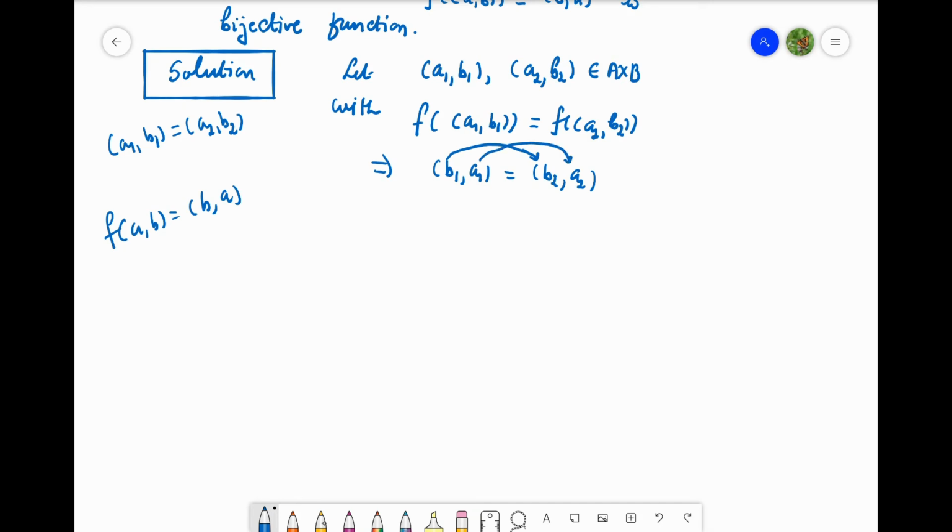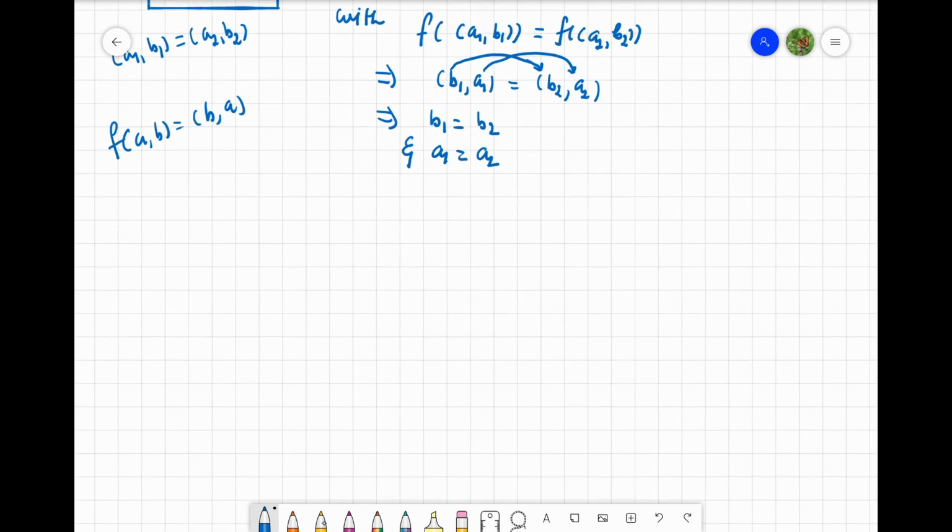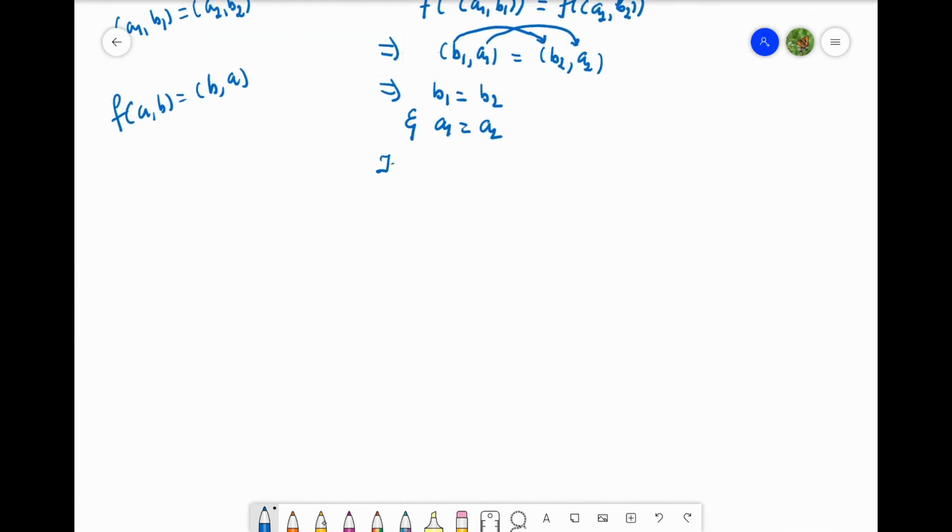So b1 equals b2 and a1 equals a2. So thus (a1, b1), but a1 equals a2, b1 equals b2, (a1, b1) equals (a2, b2), and therefore f is one-one.